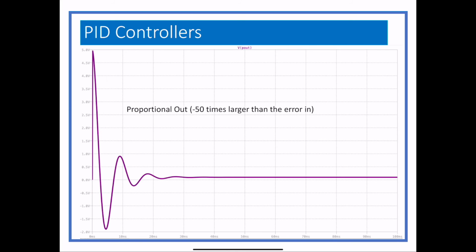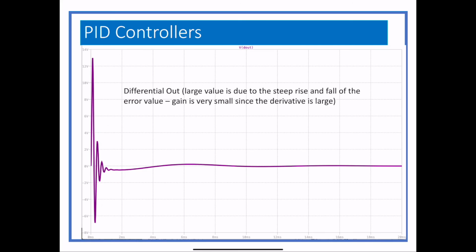The derivative part, we have to make the gain really, really small because the initial derivative is really big, because the signal has a very steep rise initially, which would make the derivative large.